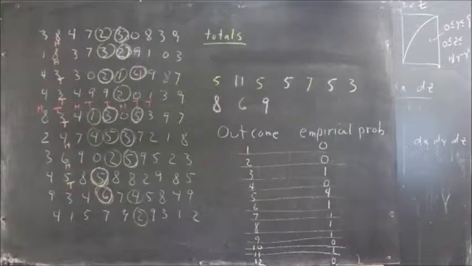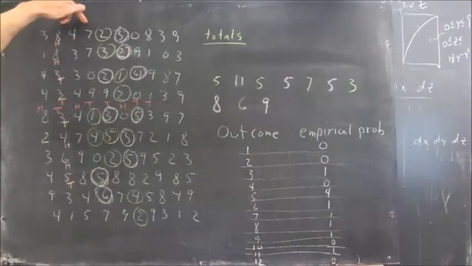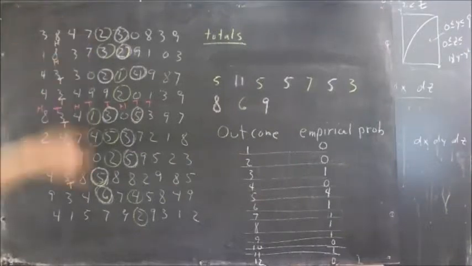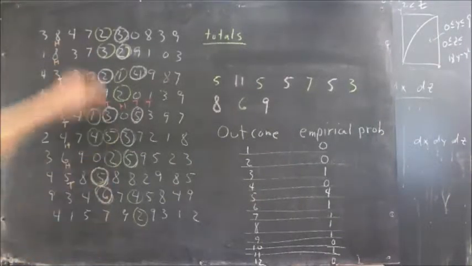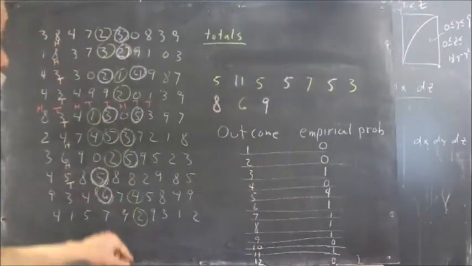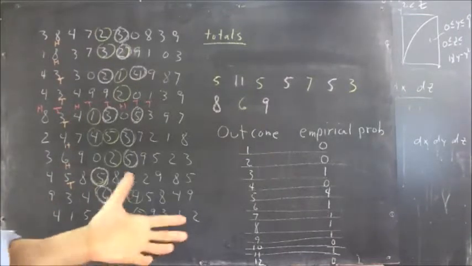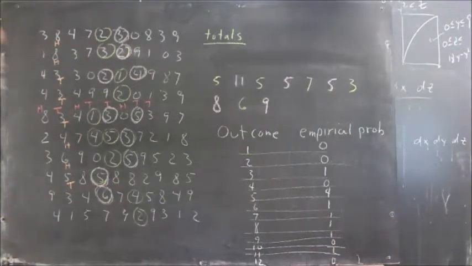The rule that I chose to use, and you could use any other rule of course, was to go to the fourth column and go down that column. When we get to the end of that column, we go to the top of the next column, and the next, until we have 10 pairs of outcomes.